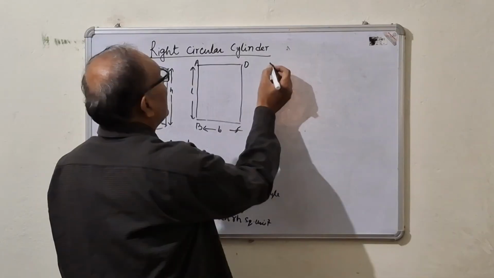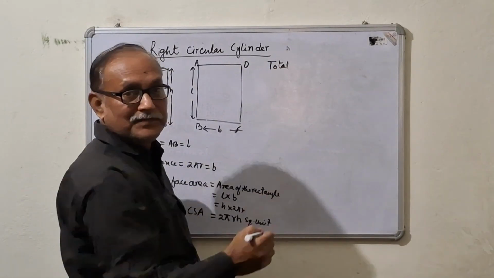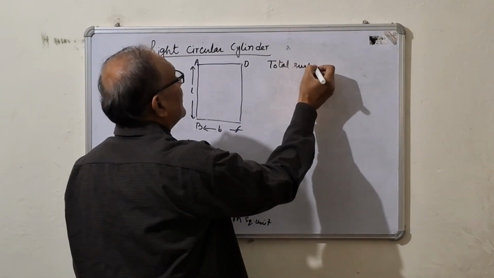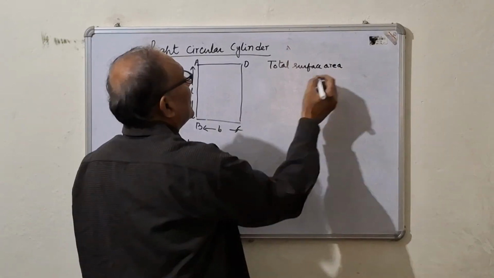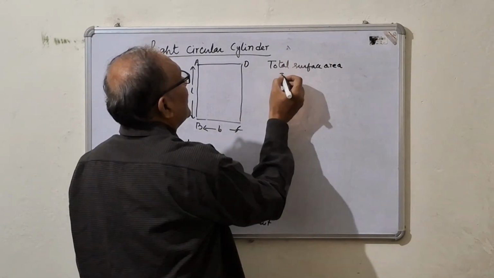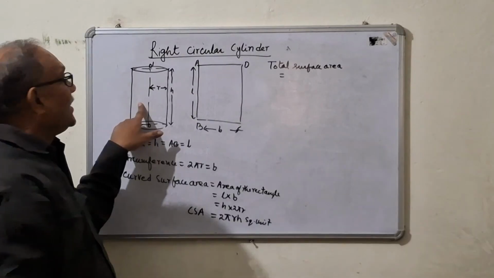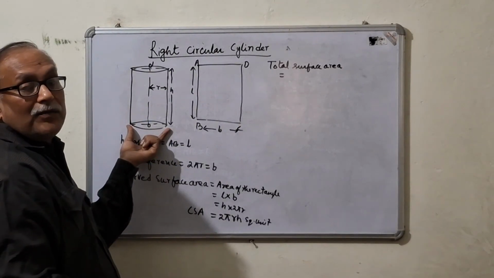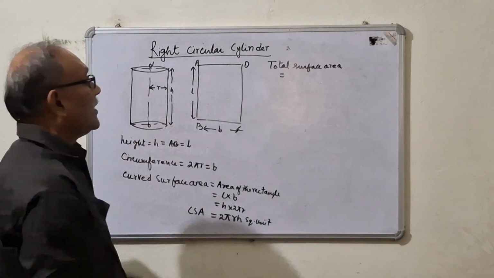Now total surface area will be equal to curved surface area of the cylinder plus 2 into area of one of its ends.